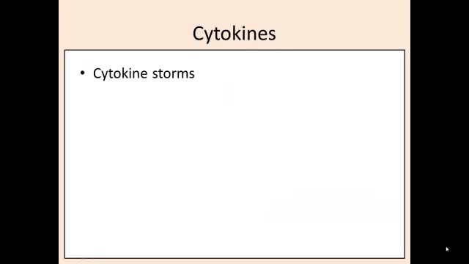All right, let's talk about cytokine storms. Cytokines, as you may remember, are molecules that are released by cells to talk to other cells. Generally, when we talk about cytokines, we're talking about signals that immune cells are using to talk to other immune cells. So, here's what happens in a storm.